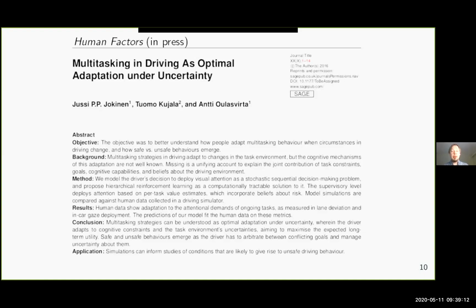First of all, it discovers the optimal policy for the subtask controllers, but it also discovers the optimal policy for the supervisory controller. And as a result, we would be able to describe how humans multitask while driving, if, again, we are able to define the bounds that bind the human driving.